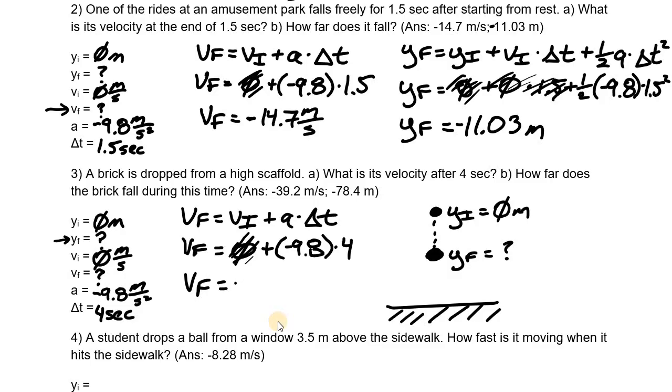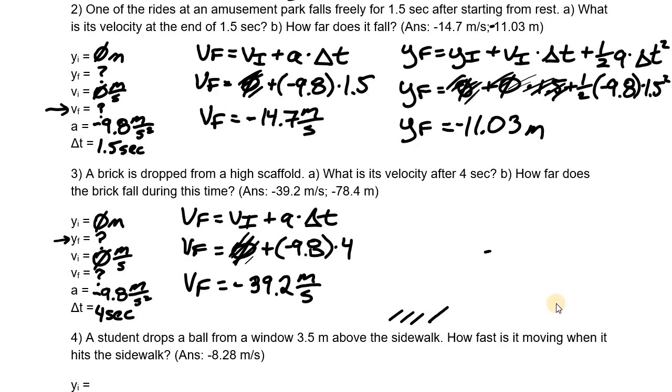And we have our value of 39.2 meters per second. That's our final velocity. Once again, the negative indicates that we're going downwards. Okay, I'm just going to get rid of our diagram right now. Our beautiful drawing.